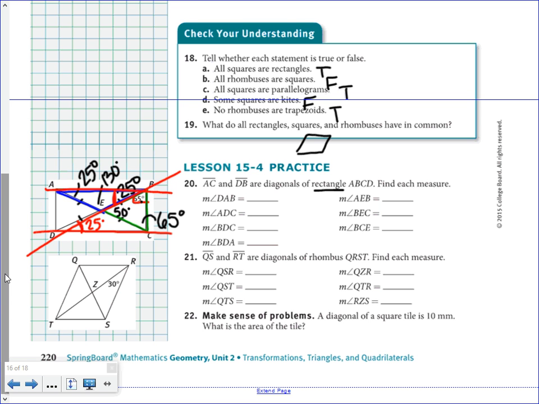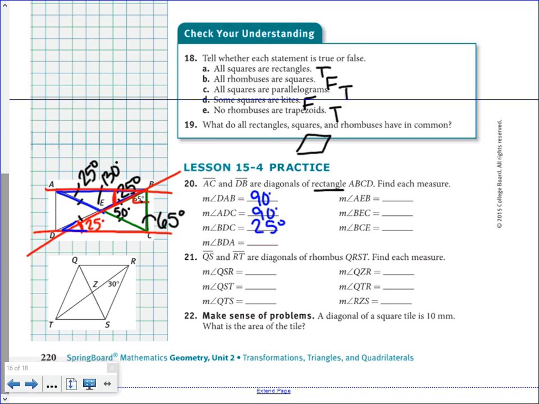So let's look at some of the angle measures that they gave us. DAB is a right angle, so it's going to be 90 degrees. ADC is also a right angle, so it's going to be 90 degrees. If you look at BDC, that's this angle here, which is 25 degrees.